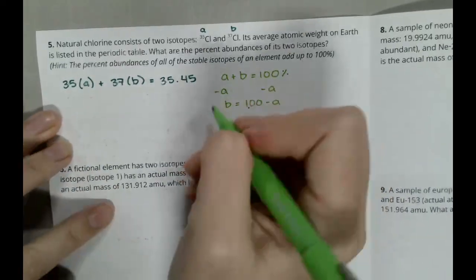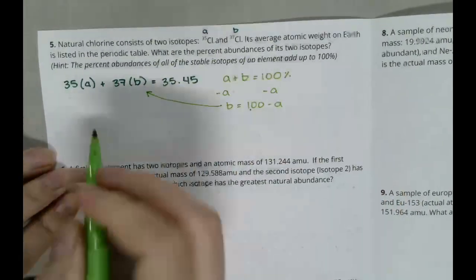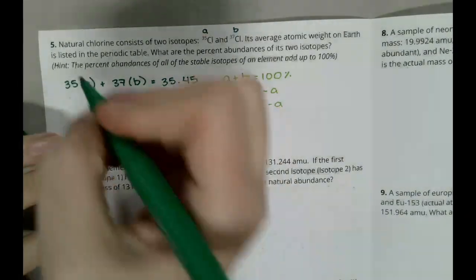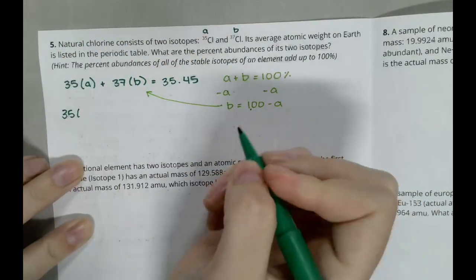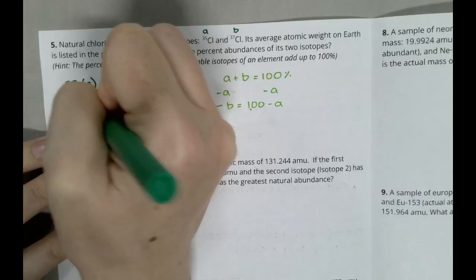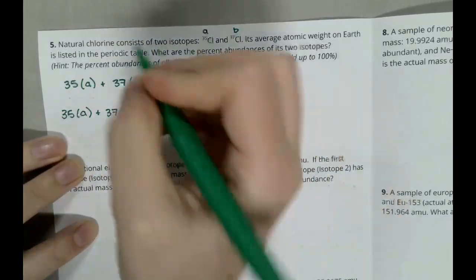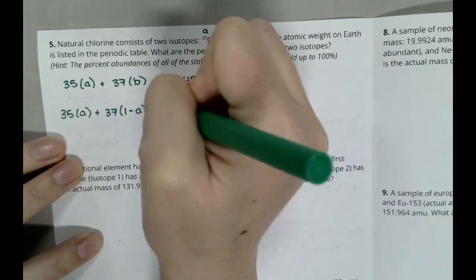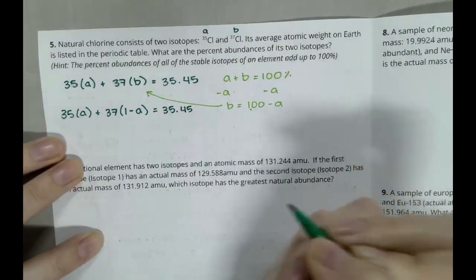All right. So then we're going to plug this in for B over here, and now our equation is 35A plus 37 times, originally we put B, but now we're going to do 1 minus A. Okay, and that's going to be equal to 35.45 AMUs.